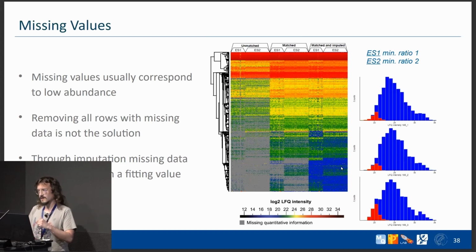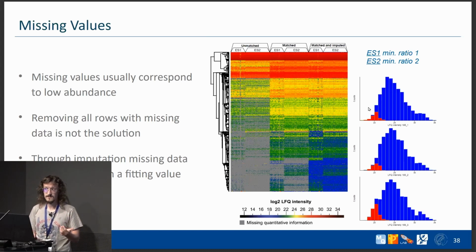So what was done then was the imputation. And when you impute your data, you create a distribution of all your data. And then you expect that those proteins, those peptides actually, were coming from low concentration. So you then select only values from this part of the curve, because you're quite sure that probably if they had high concentration, you would have found them.